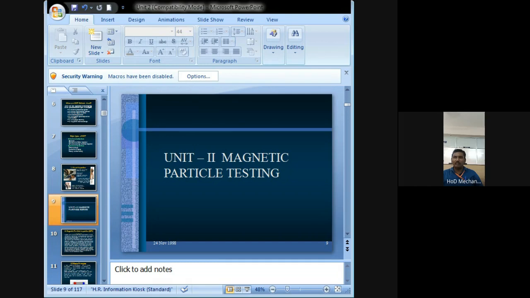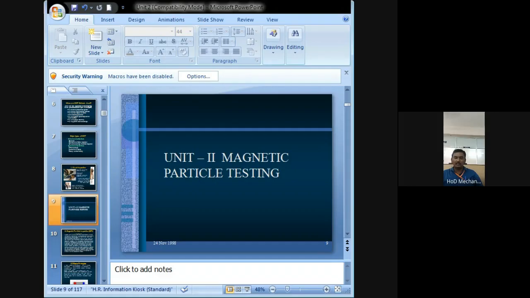What is meant by magnetization and what is meant by demagnetization? And what are all the advantages and limitations of magnetic flux and magnetic particle testing?